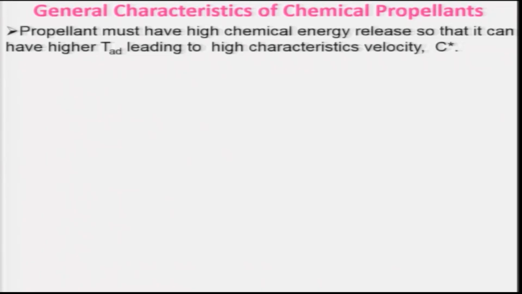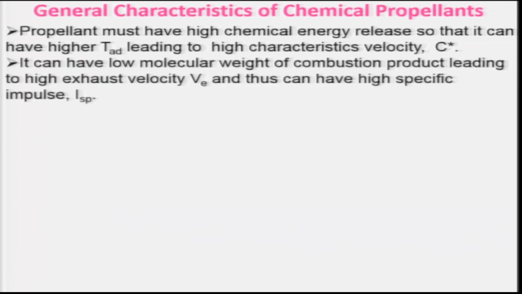As I told earlier, the propellant must have a high chemical energy release, in other words a higher heat of combustion, so that it can produce a higher combustion temperature leading to a higher characteristic velocity, and a higher characteristic velocity can lead to a higher specific impulse. So, we can achieve better performance of the rocket engine.